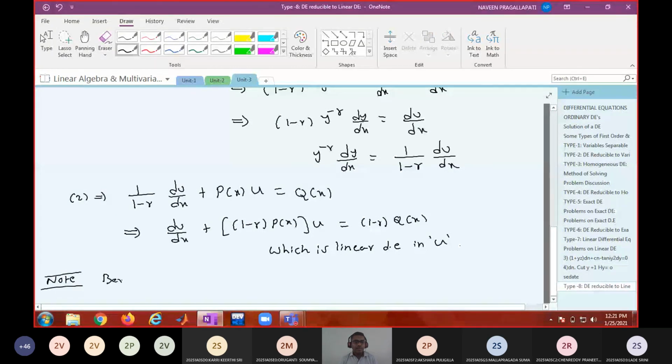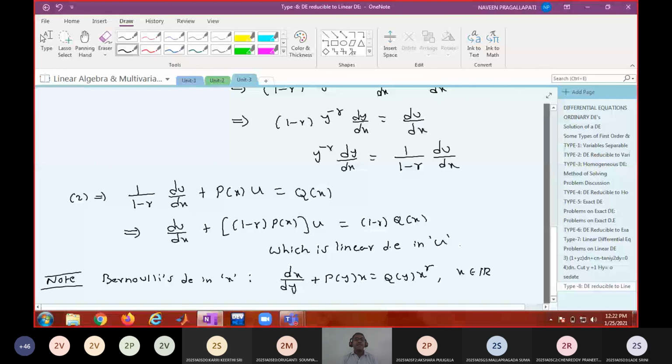So what is the standard form for Bernoulli's DE in the dependent variable x? dx by dy plus p of y into x equal to q of y into x power r, where r belongs to the set of real numbers.